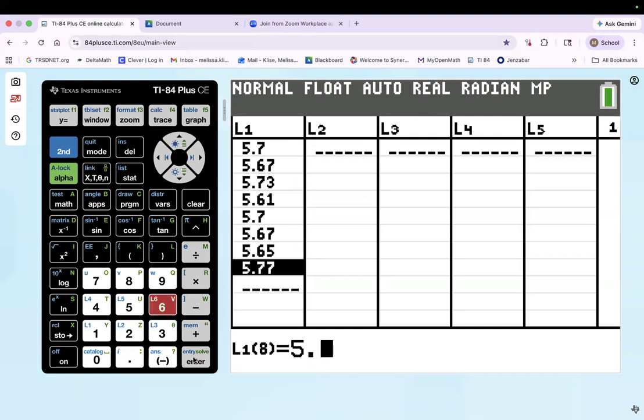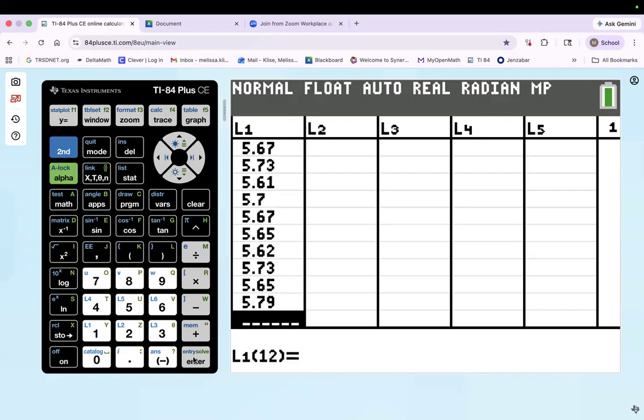Okay, 5.62. 0.73. Okay, I'm going to give you a second to catch up, unless you have already. All right, are we all caught up?